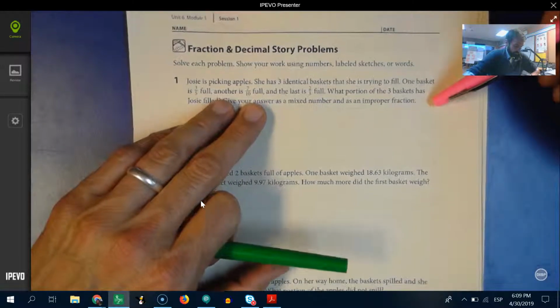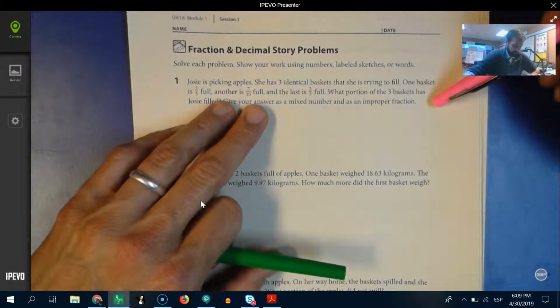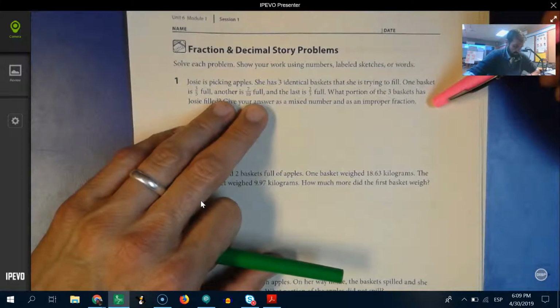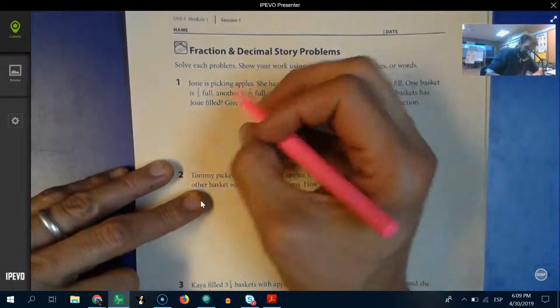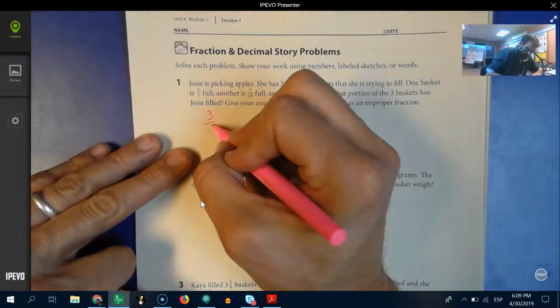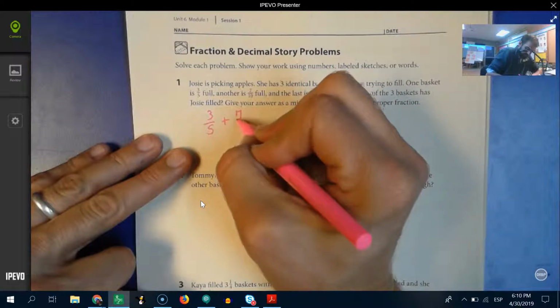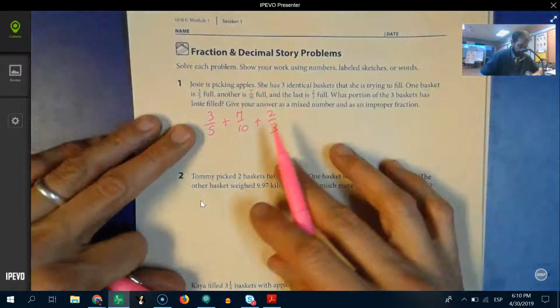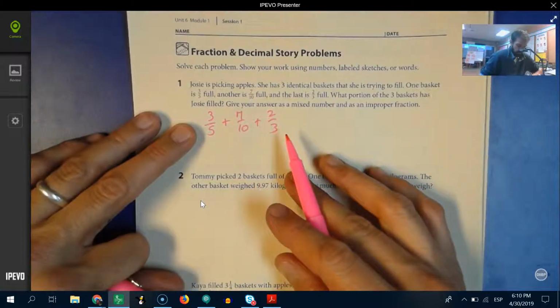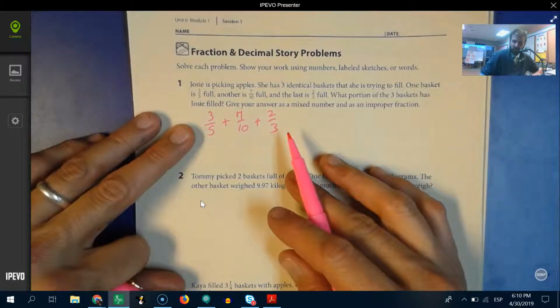So I'm going to be adding these together so I understand what total I have. 3/5 plus 7/10 plus 2/3. So I always like to estimate.